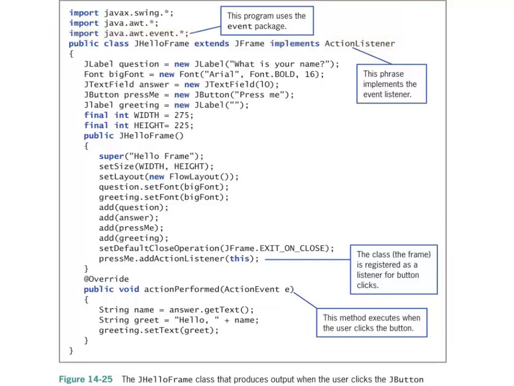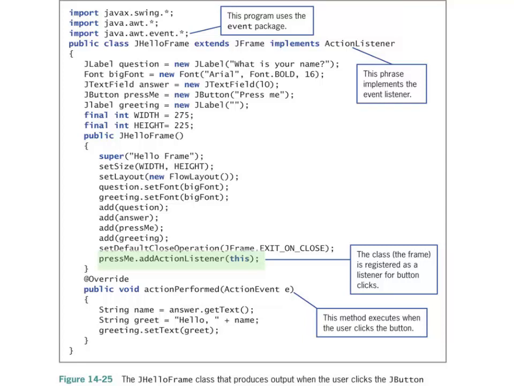The next step is to tell your class to expect events to happen. The method that registers an action event is the addActionListener method. In this example, pressMe is a button. So we say pressMe.addActionListener, then we pass this as an argument.